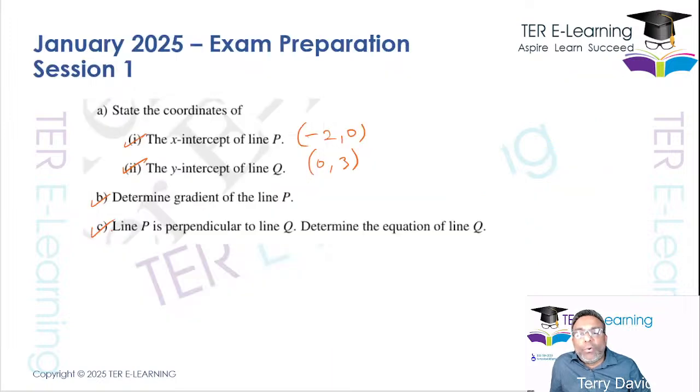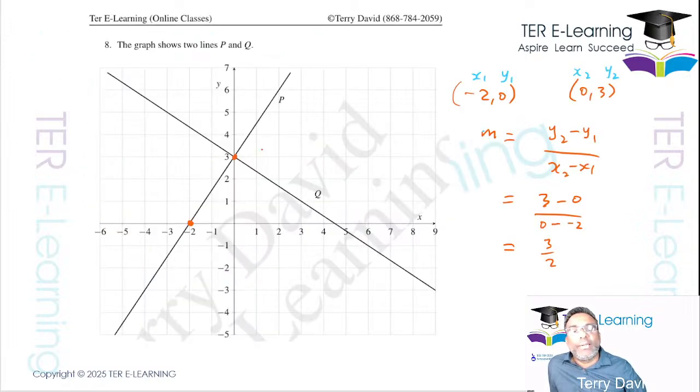Now, line P is perpendicular. So they're telling us something here now. Line P is perpendicular to Q. Determine the equation of the line Q. So the gradient of P, we got 3 over 2. Now because P is perpendicular, it means that this angle here is 90 degrees.